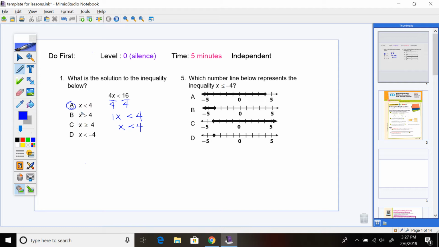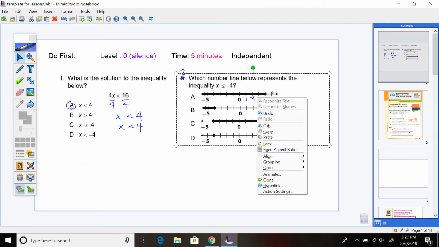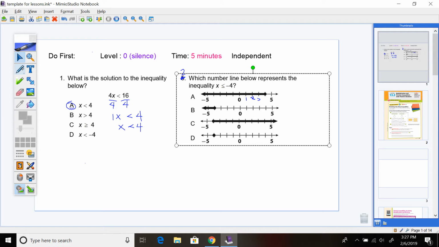Okay. Number 2 here. Which number line represents the inequality x less than or equal to -4? If you look at the first number line, if you want to count down, it's going by 1 unit.